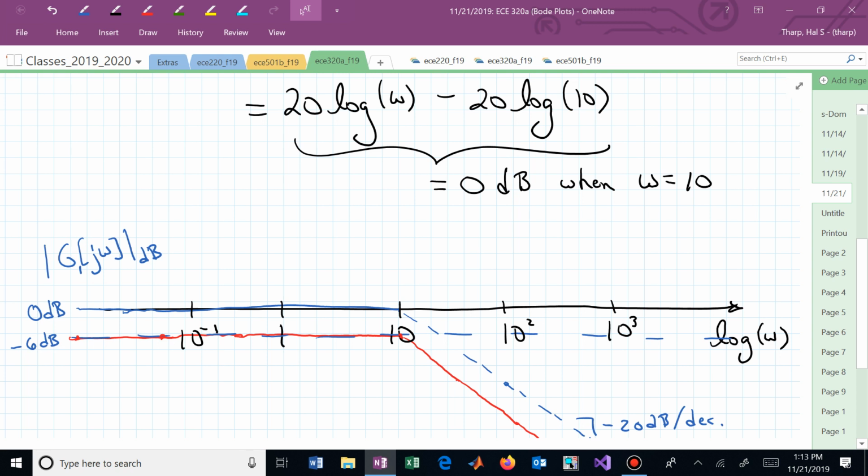So you really don't have to worry so much about that in plotting these. You just say, where's my pole, or where's my zero? I'm now going to be sloping at 20 dB down or up, if it's a pole or a zero, based on where that break occurred. That particular additional term is just accounting for where that happens. But if you know where it happens, which in this case is 10, we just go relative to 10 and go down in this case because it was a pole factor.